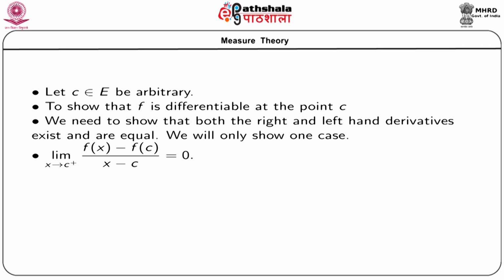Similarly, we will be able to show that the left hand derivative is also equal to 0. So, f is differentiable at the point C. Why? To see this, let epsilon greater than 0 be given, and let us take a point x from the open interval (C, C plus epsilon).